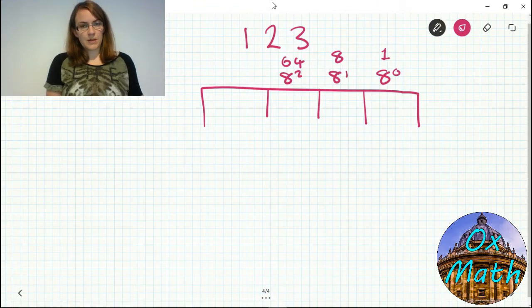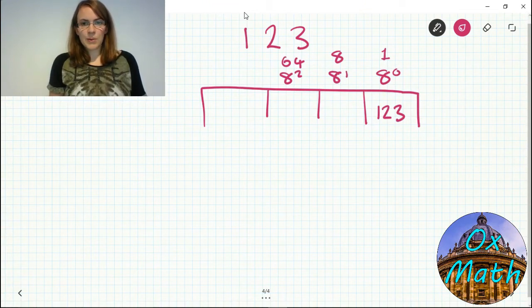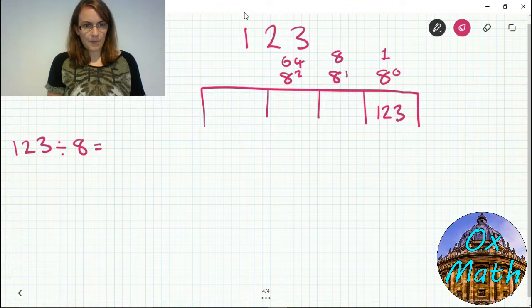So we could represent 123 as 123 lots of 1. Of course, we're not allowed to do that, we can only go up to 7, so we can use the column to the left of it, which is 8 times bigger. So we need to work out how many 8s go into 123, and that would be 15 remainder 3.